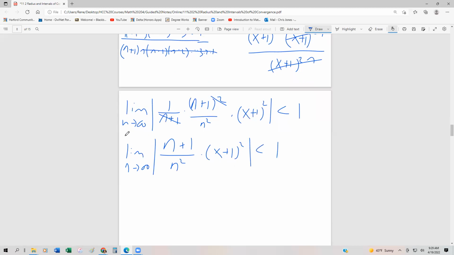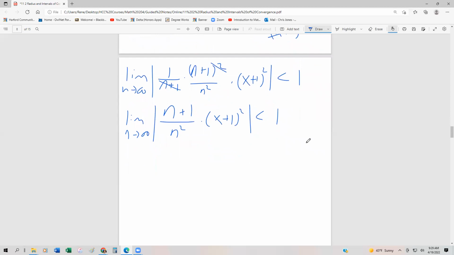Now, we still have to take the limit of this animal. It's actually pretty easy to do so because we can just break it up into 2 separate smaller fractions because we're dividing by a monomial. So we have the limit as n approaches infinity of n over n squared plus 1 over n squared, and then we have that (x plus 1) squared.